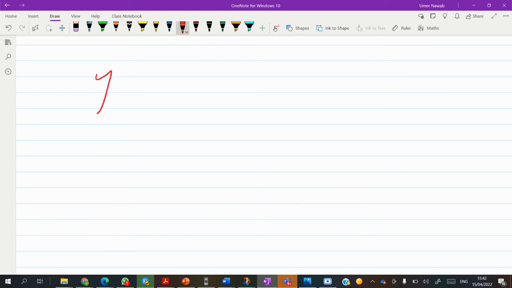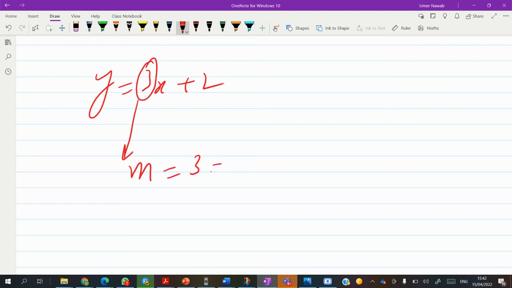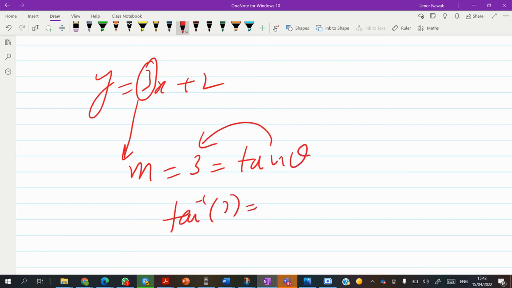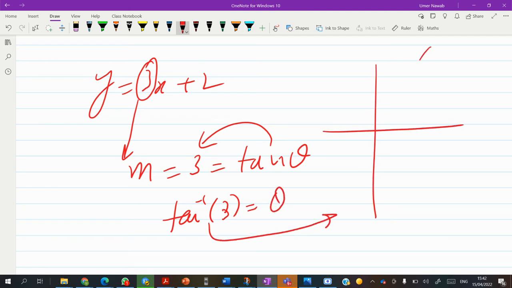If I have a line, y is equal to 3x plus 2, and I ask what angle this line makes with the x-axis? No worries. This is your gradient, 3, and that is equal to tan of theta. You just take shift tan of 3. That gives you the angle which the line is making with the x-axis. I hope it's clear to you guys.